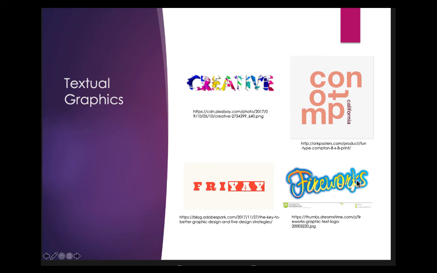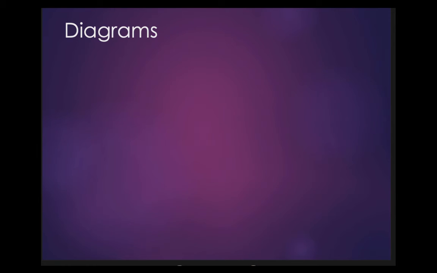So Friday, and then fireworks kind of looks like fireworks, and Compton is done in just sort of an Art Deco arrangement, not that the letters themselves are so Art Deco. And then the word creative, of course, is a sort of paint splatter. So textual graphics can accomplish that very well, especially if it's a simple idea.